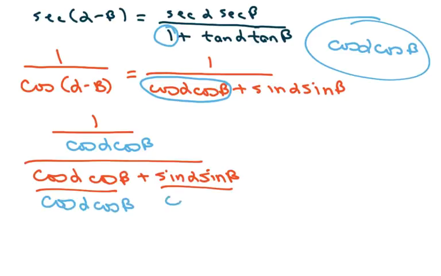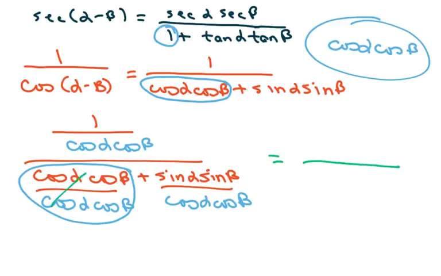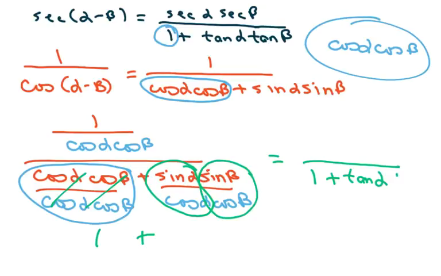You can do this as long as you do it to each piece. Now, we already know that equals 1. So I'm going to take care of the denominator first. When this all divides out, that equals 1, plus this is tan of alpha, and this is tan of beta.